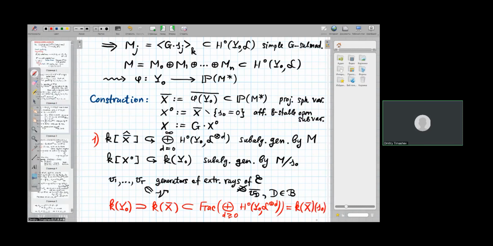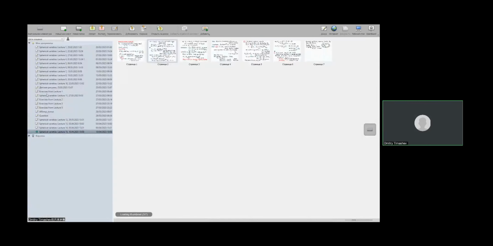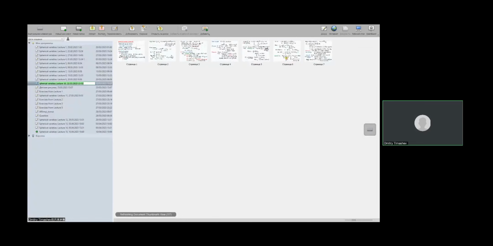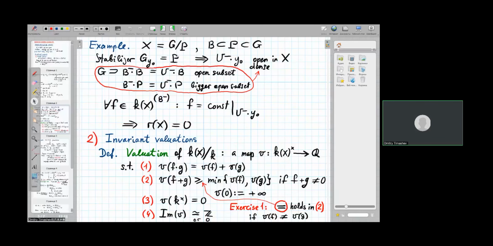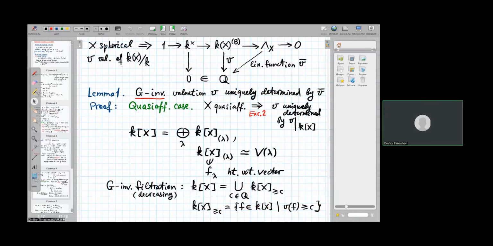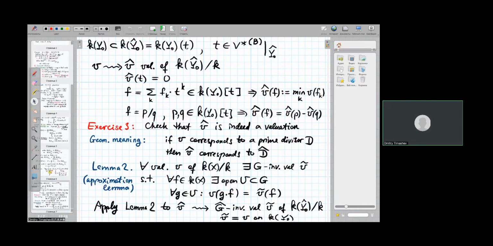Oh, I see. So basically, it is the same thing as we considered at lecture 10. It is the same thing as we considered in here. Yeah. So this T will be just S naught. And we can perform this construction.